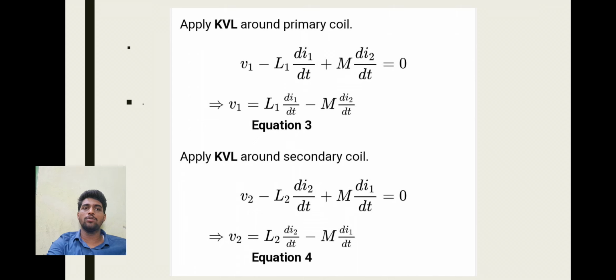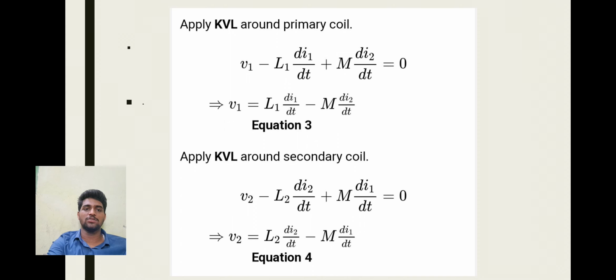Applying KVL around primary coil, we get V1 minus L1 di1 by dt plus M di2 by dt equal to 0. V1 equal to L1 di1 by dt minus M di2 by dt.